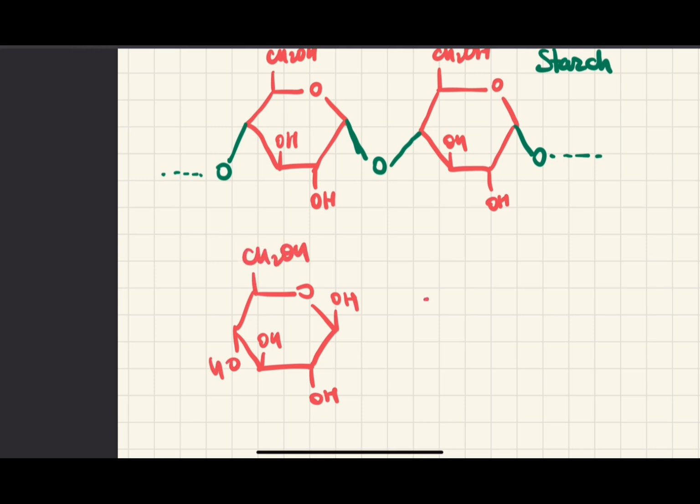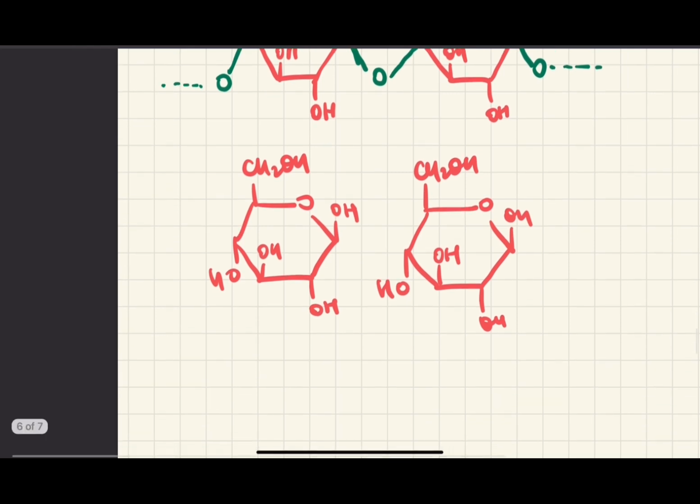And then we have another one up, and it's going to be OH down, OH up, down, CH2OH. Now when they connect, we're going to get rid of the water, so it doesn't matter from which one we take the oxygen off. We're going to delete this area.